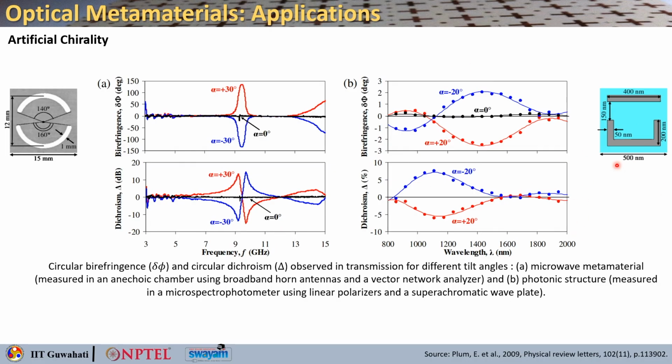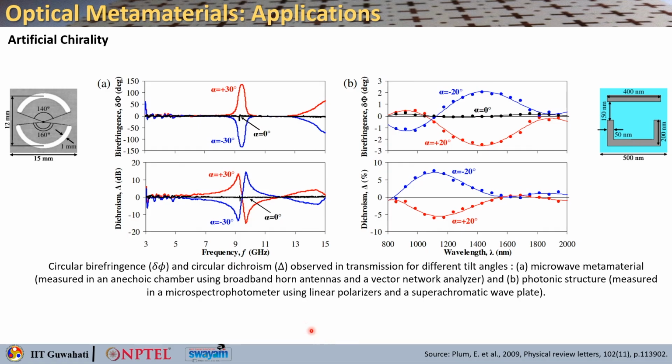And on the right side, you see the photonic structure. So, everything now is for optical metamaterial. You are basically looking at a wavelength range starting from say 800 to 2000 nanometer. This structure is the unit cell.